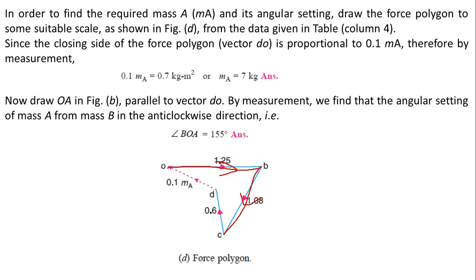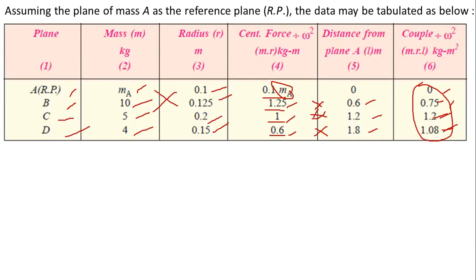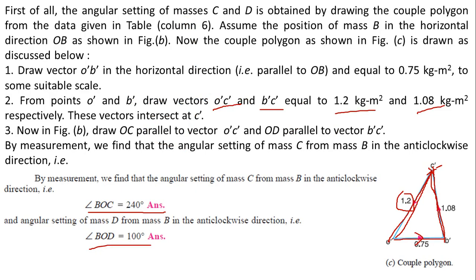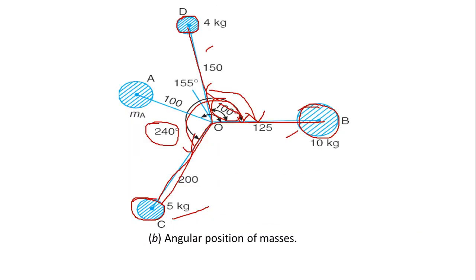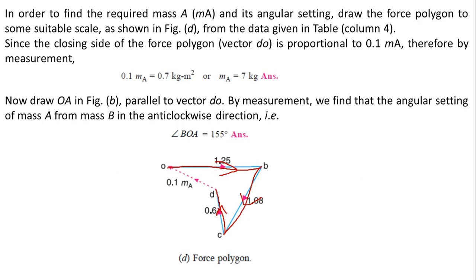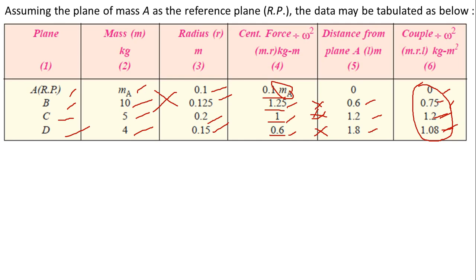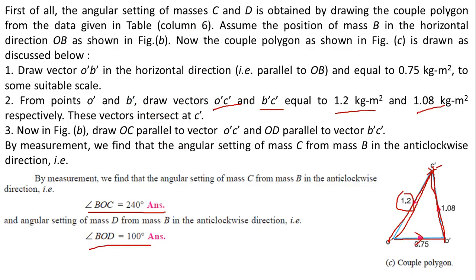This is 1.08 in the table. Then C to D, parallel to OD there, parallel to this, you get the value 1.6.